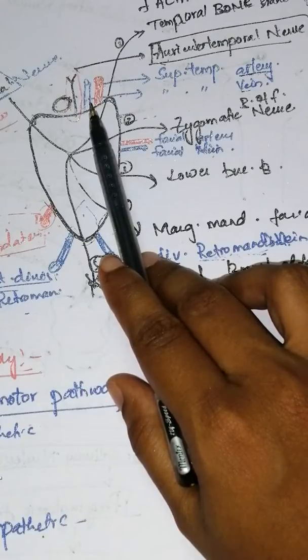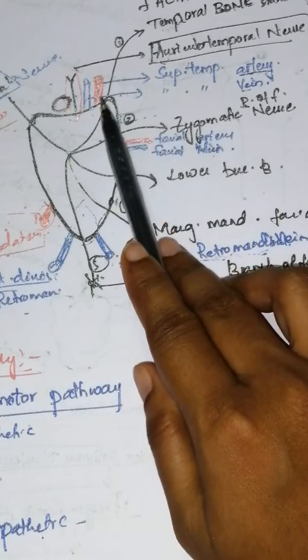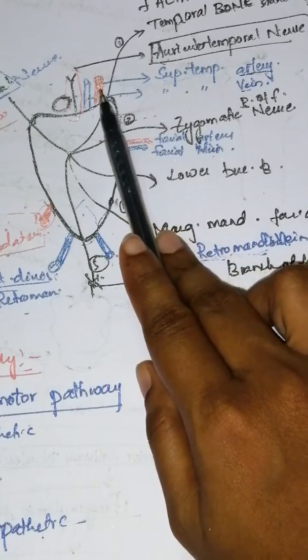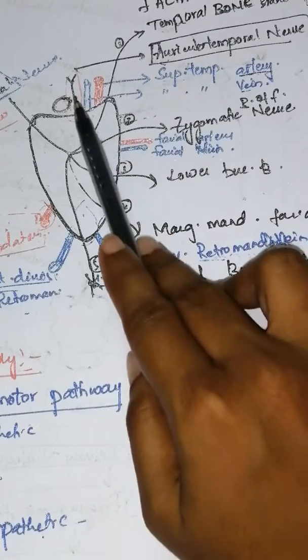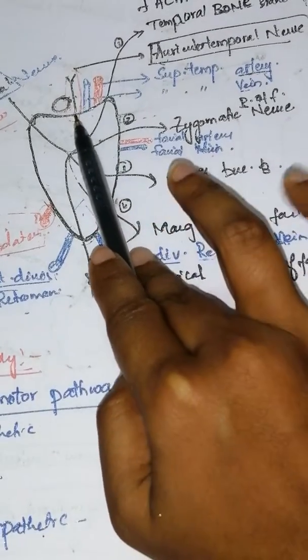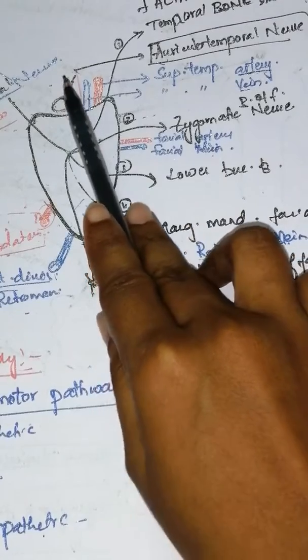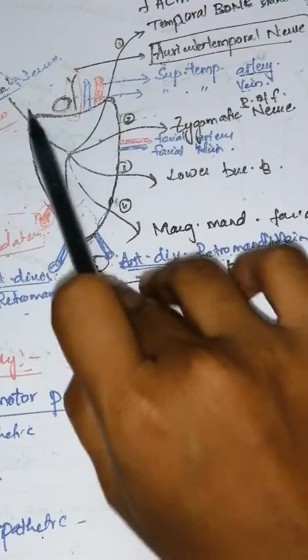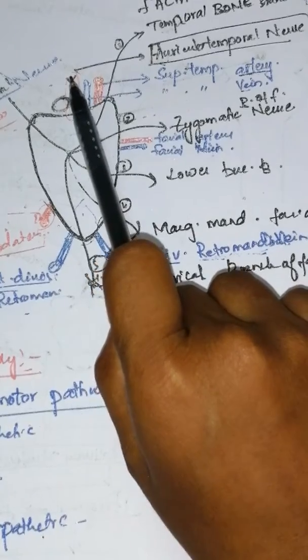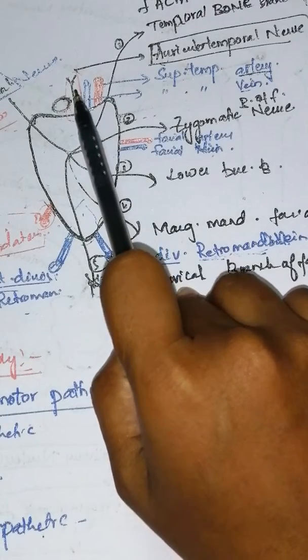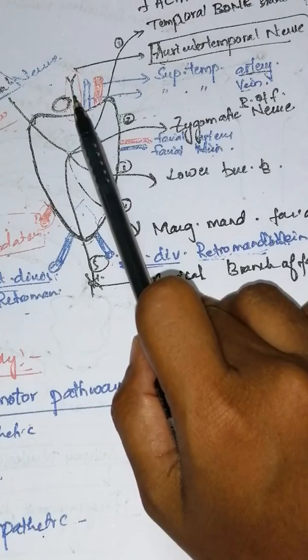So carry your color pencils, and use a specific color pencil for each structure. If it is in red color, it means it is an artery. If it is in blue color, it means it is a vein. I have drawn with black color because yellow does not appear good in this paper with the pen, right? So in the camera I have drawn with black, but you use yellow color while drawing your nerves.